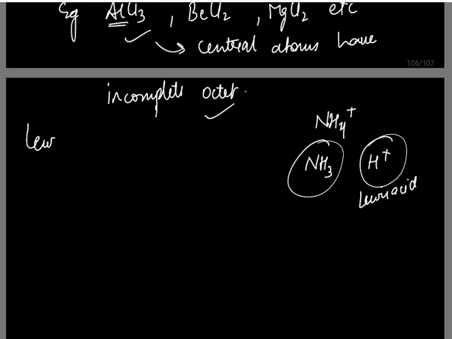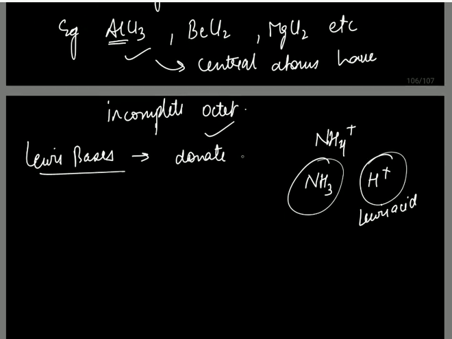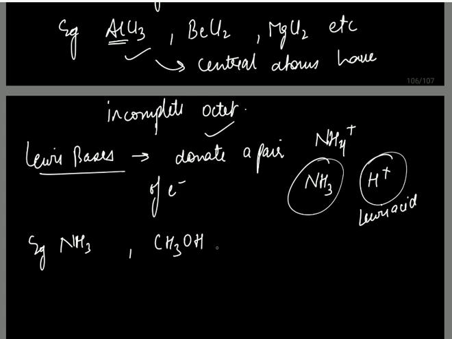Now what are Lewis bases? Opposite of what I wrote before this, it's a substance which can donate a pair of electrons. So we have the ammonia example, right? We can have any alcohol, so let's say methanol, right? We can have cyanide ions also, Cl minus, OH minus, so many examples.